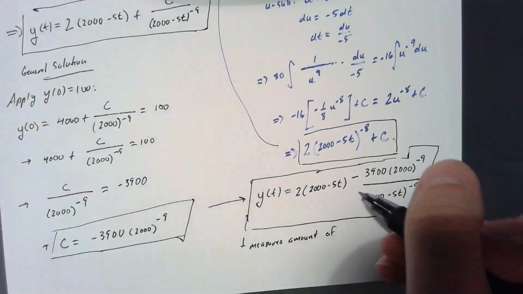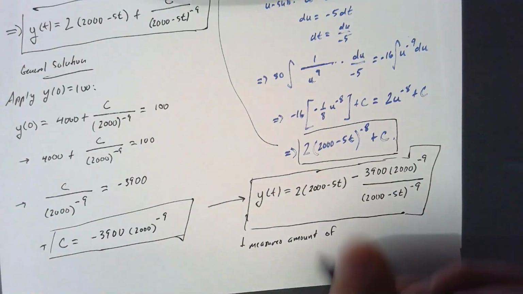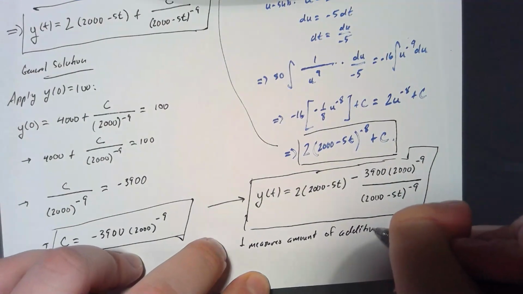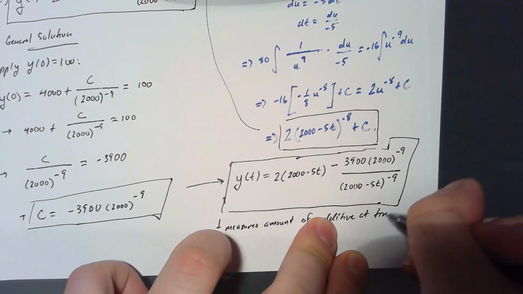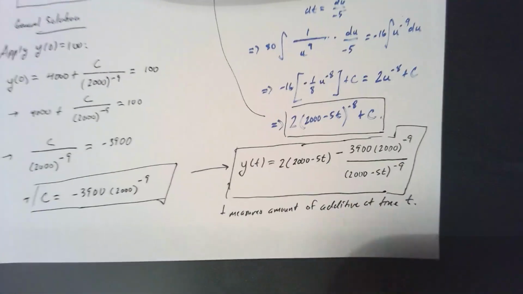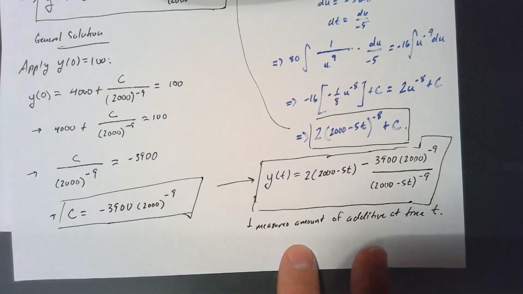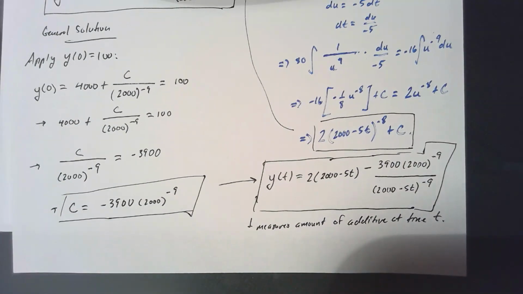In this problem, the amount of stuff was additive, so that's the amount of additive at time t. Wow. And that problem was a lot of endurance, wasn't it? So yeah, that's the amount of additive at time t.